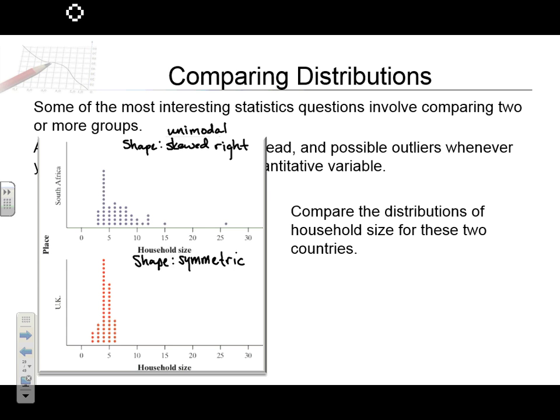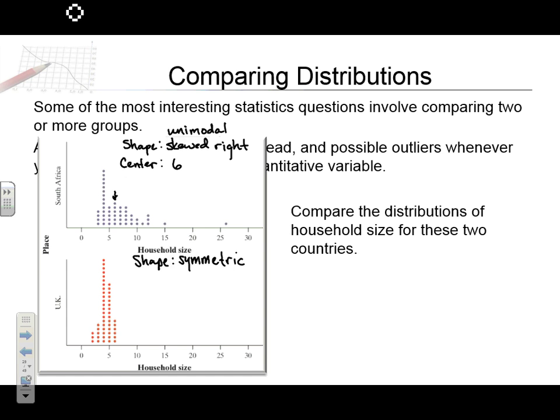If we look at the center, what would a typical household size in South Africa appear to be? If we tried to cut it basically in half right now. Yeah, probably somewhere in the 6 range, right? If I cut off right about here, that seems to be close to a 50-50 split. So center, we'd say somewhere around 6.